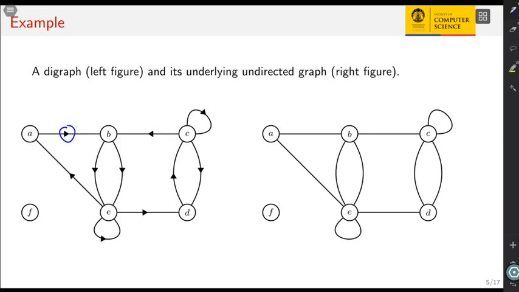Also, for example, we have 2 parallel edges from B to E here, then we have parallel edges here without directions. On the other hand, we also have an edge from C to D and D to C, so we have parallel edges here between C and D in the underlying undirected graph. So you simply take the same graph and then remove the direction, so that from that you get the underlying undirected graph. So this is a pretty simple operation.